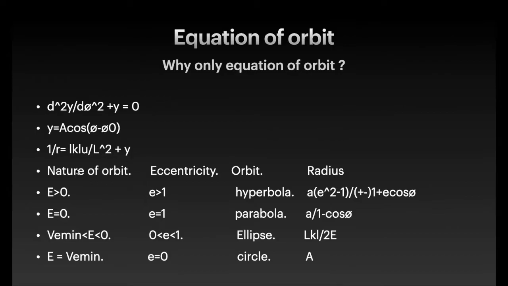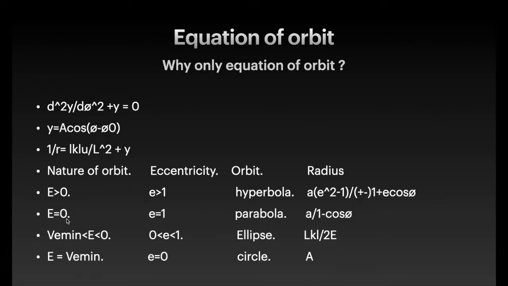In the nature of orbit, eccentricity, orbit and radius depend upon this. For E greater than 0, eccentricity greater than 1, it is a hyperbola, and its radius is a(e square minus 1) upon plus or minus 1 plus e cos phi.